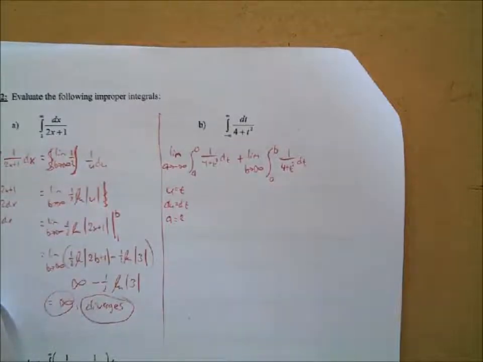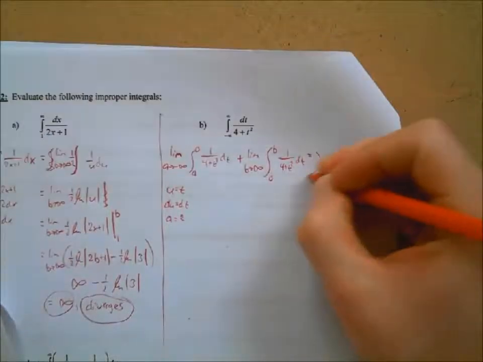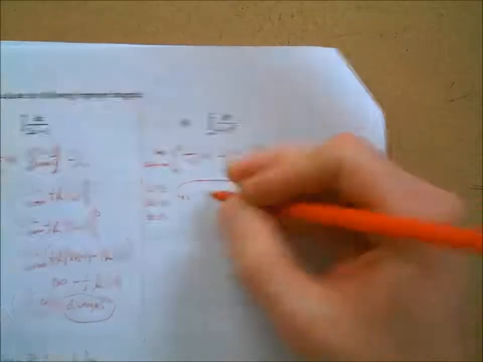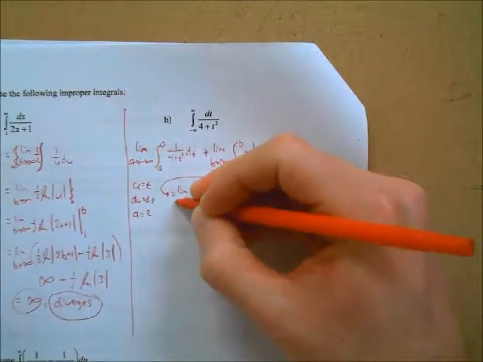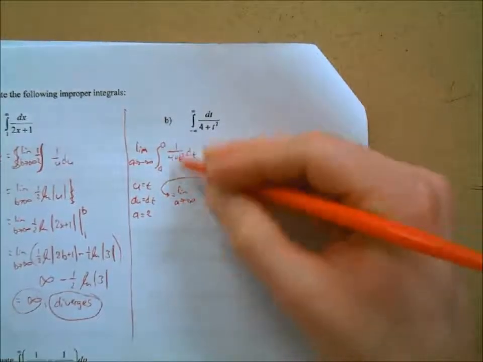All right, so this equals, and now we'll have to continue writing those limits because we're not quite ready to evaluate the limits yet, but we can at least get the arctangents in there.